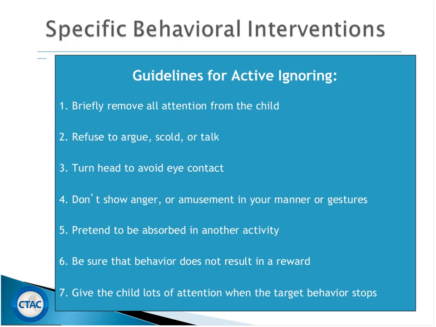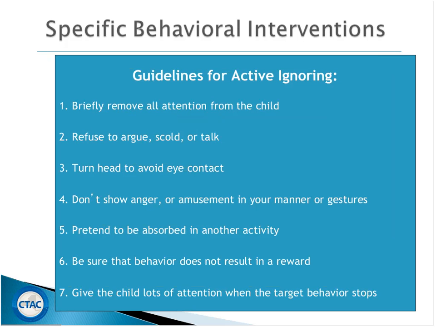So the guidelines for selective attending or active ignoring are: briefly remove attention from the child, refusing to argue, scold, or talk or get into that verbal discourse; turn your head to avoid eye contact; remove signs of your nonverbal communication of anger or amusement, such as gestures; or pretend to be absorbed in another activity.